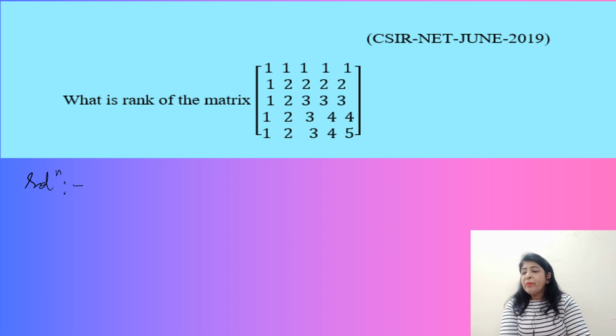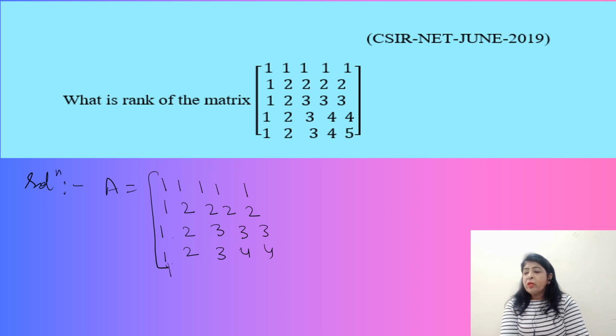Matrix A is: 1 1 1 1 1, 1 2 2 2 2, 1 2 3 3 3, 1 2 3 4 4, 1 2 3 4 5. So it is a 5 by 5 matrix.